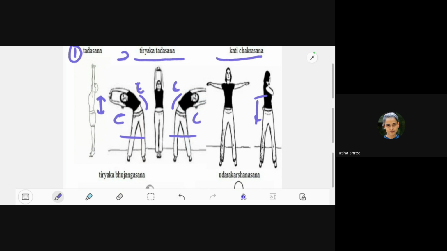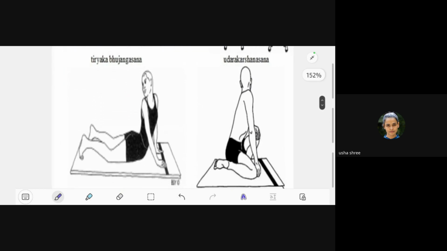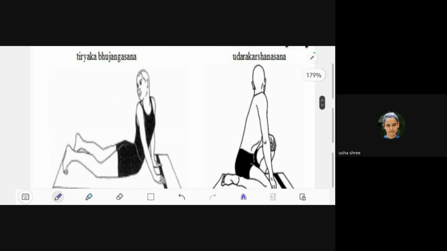A small amount of water is also absorbed during the process of churning and assimilation, but not too much. Much of the water is absorbed in the large intestine, so we don't want that. That is why we are performing these asanas vigorously and continuously.